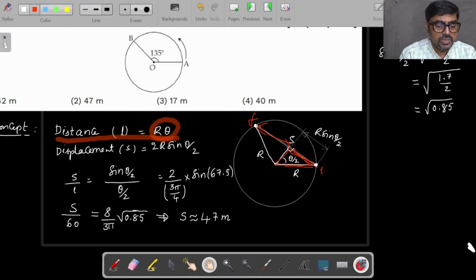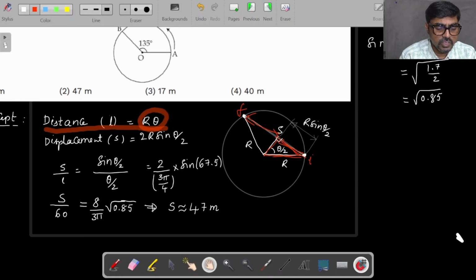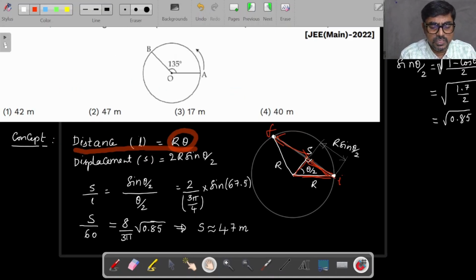Now you can substitute S by 60, 60 was the distance given, that is equal to 8 by 3 pi into this 0.92 something like that. So 3 is 3, pi is 3.14. I suppose 3 pi and this will be approximately cancelling out, then you will get 0.8 into 60, meaning 8 sixes are 48, close to 48 you will get it. This is the question, you need to do it with approximation there. So you got it, very simple idea.